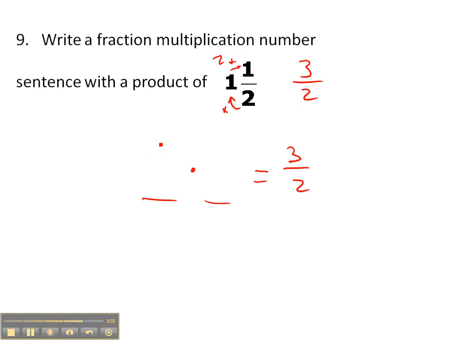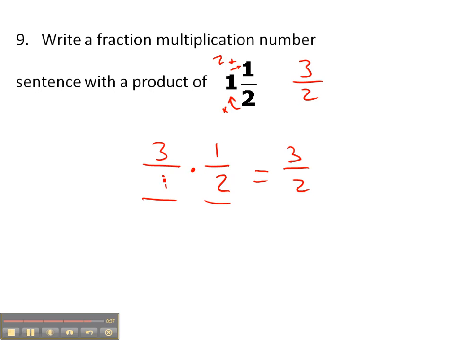So I could make it 3 wholes times 1/2. And if we wanted to, let's see, how can we make this more interesting? Well, let's see.